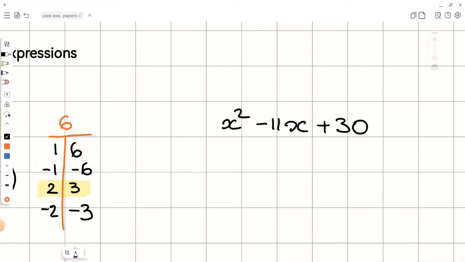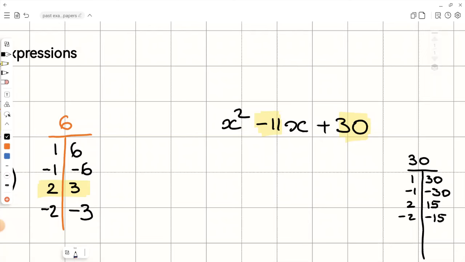Here we need to find the two numbers that multiply to 30 and add up to -11. Okay, so first let's write down all the factors of +30. That could be 1 and 30, or -1 and -30. It could be 2 and 15, or -2 and -15.